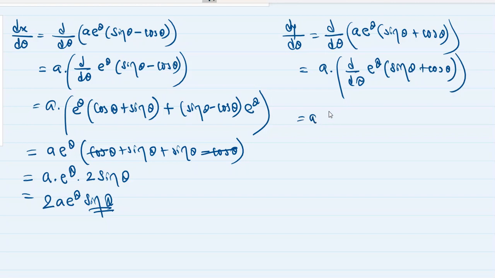So a multiplied by e raised to theta multiplied by the differentiation of sine theta plus cos theta, that is cos theta minus sine theta, plus sine theta plus cos theta into e raised to theta.